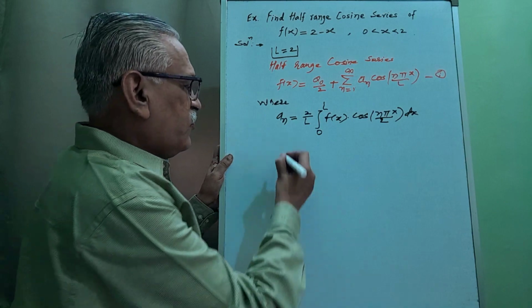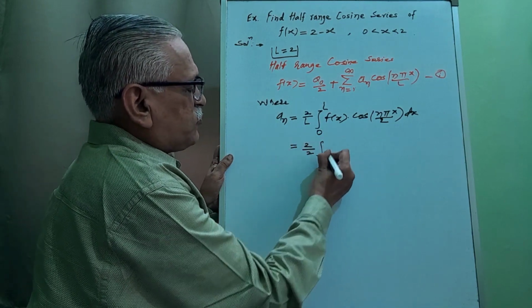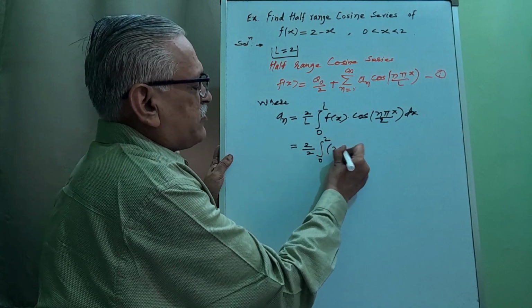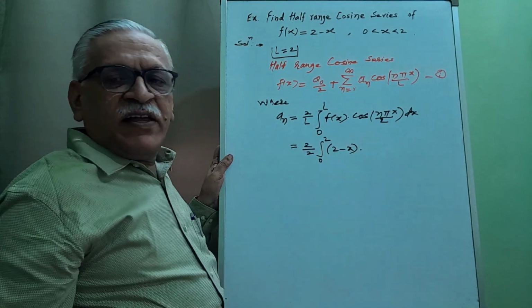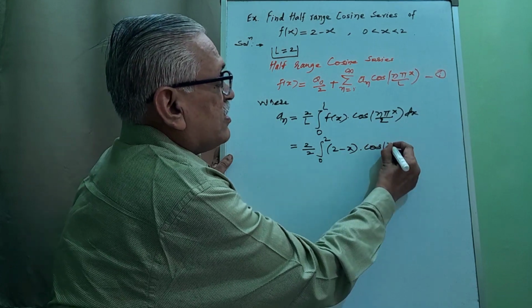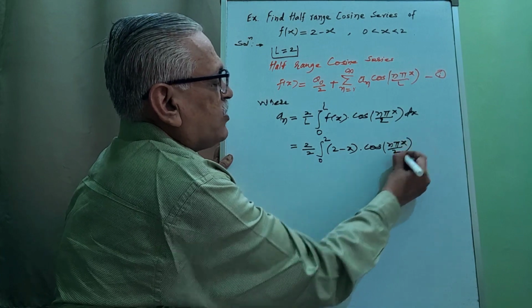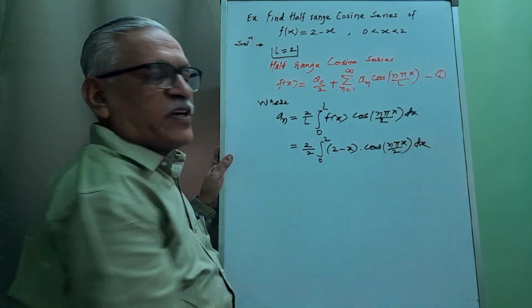Substituting values, we get 2 by 2 integration from 0 to 2, 2 minus x multiplied by cos of n pi x divided by 2, with respect to x.